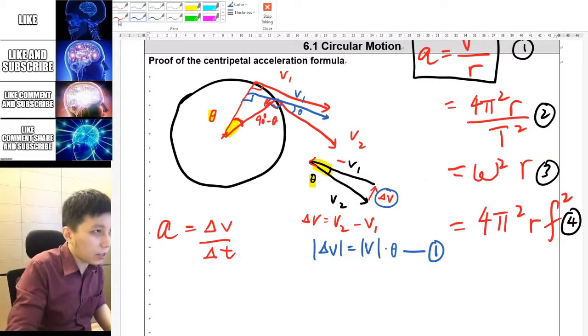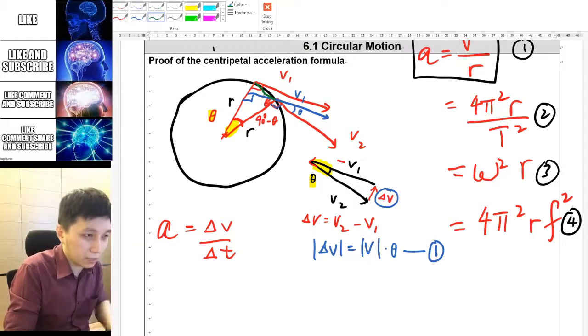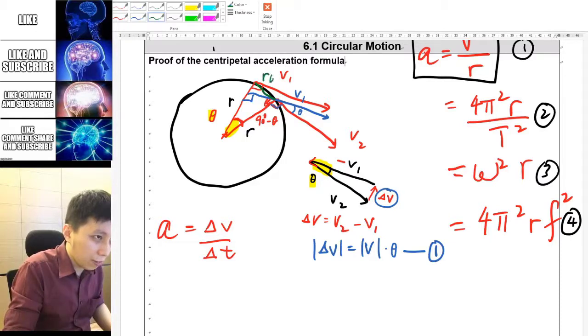Again, if you pay attention to the circle itself, this is R and this is R, and similarly you could also have an arc length, or you can call it the segment here. That should equal r theta.